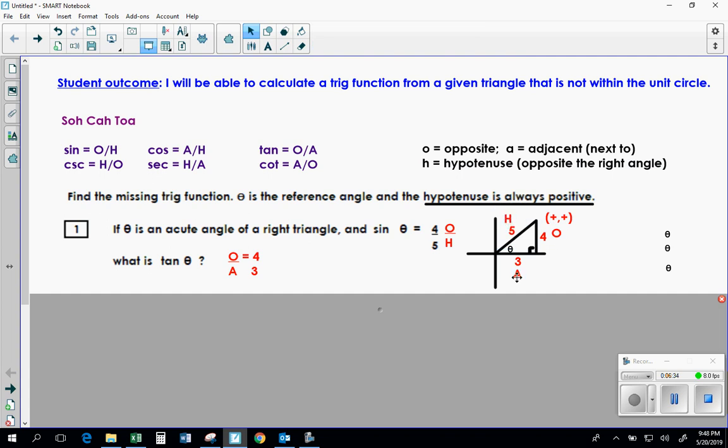That way you don't get confused which side of these two is the adjacent. If you put that hypotenuse first, then the only two sides you have left are opposite and adjacent. If you still don't have that down, then go ahead and do that. 4/3 is reduced, so we're done right there. There's our answer. If it needed simplifying, we would simplify it, but it does not.